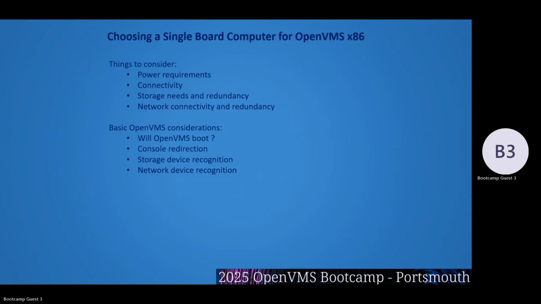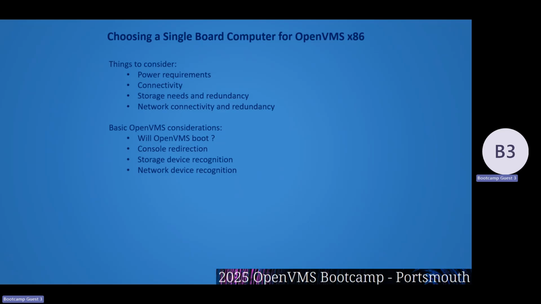So if you think that you might want to put VMS on a single board computer, what are some of the things you've got to look at? Well, just like any other computer installation, you have to look at your power requirements, connectivity, storage, network connectivity, what redundancy and stuff that you want to use. But you also have to say, since this is at this point a midnight skunkworks project, does VMS boot?